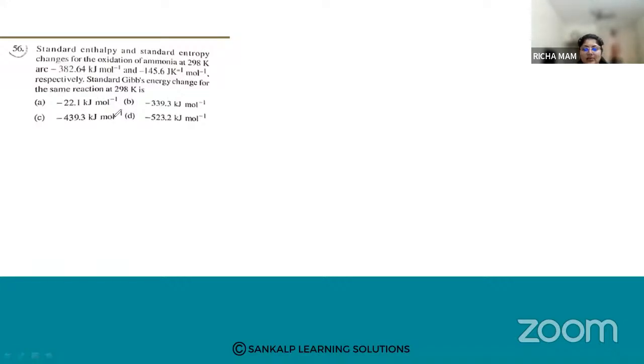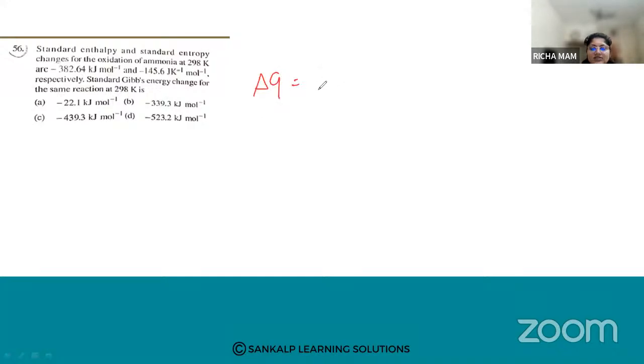So standard enthalpy and entropy are given for the oxidation of ammonia. You have to find the standard Gibbs energy change for the reaction.